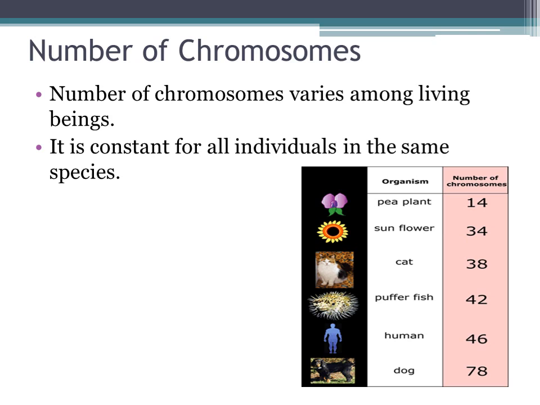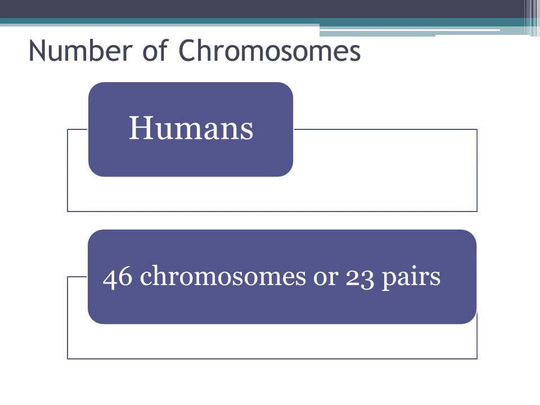But among individuals of the same species, the number of chromosomes is constant. It means in dogs, for example, all dogs will have 78 chromosomes. Whereas for humans, we have 46 chromosomes or 23 pairs of homologous chromosomes.